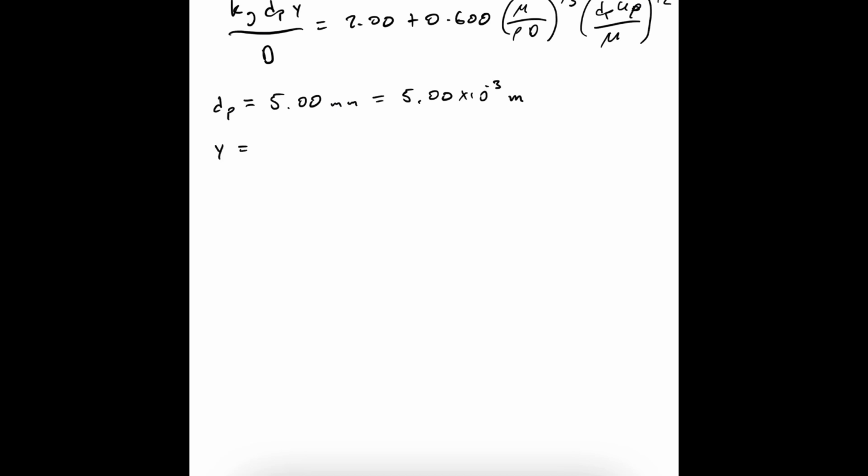Y is a dimensionless number. D is another diameter. No, it's a diffusion coefficient, excuse me. It's in centimeters squared per second.